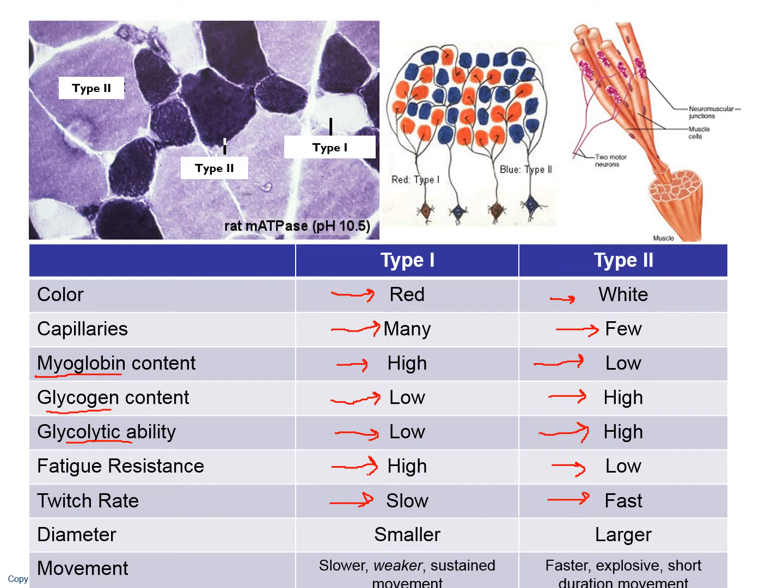Finally, the diameter of your type 1 and type 2 fibers is different. If you look at the figure up here on the left side of your slide, you can see that this is the type 1 fiber here, and it's smaller than most of your type 2 fibers like these.